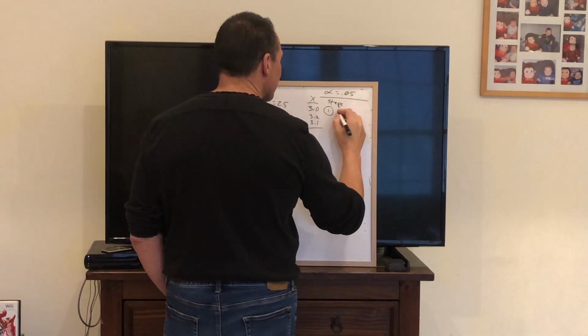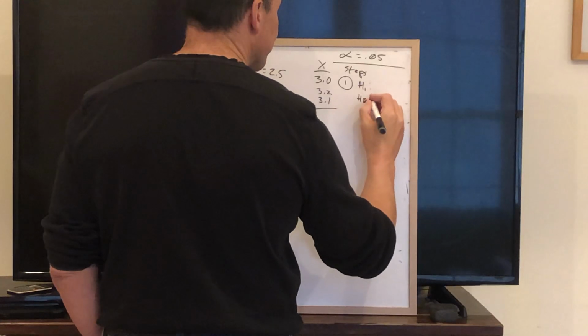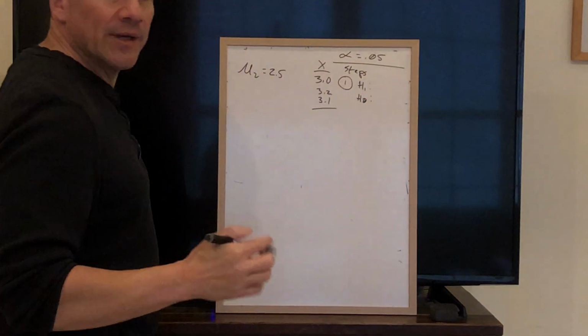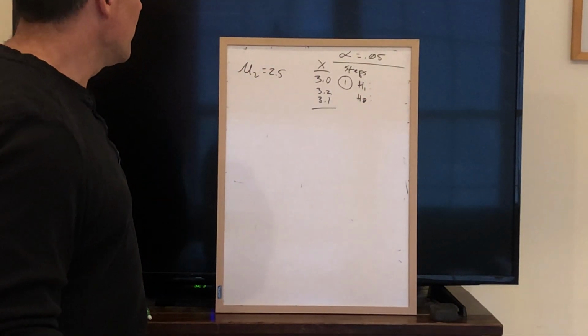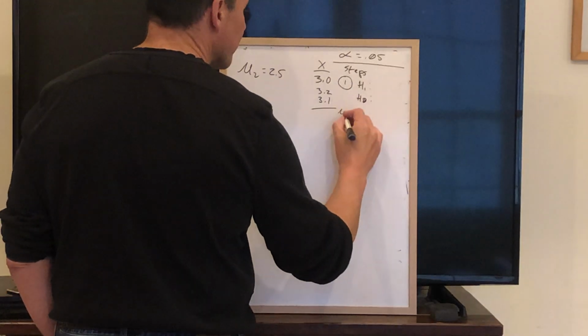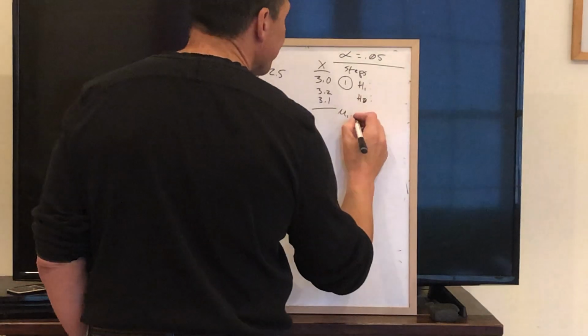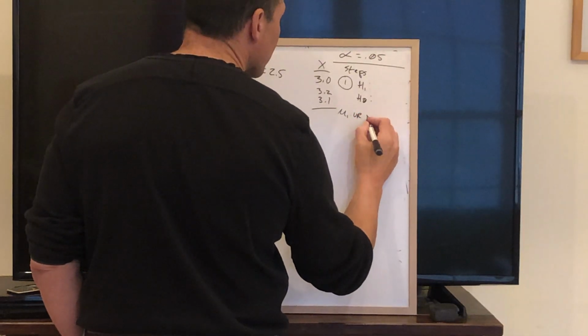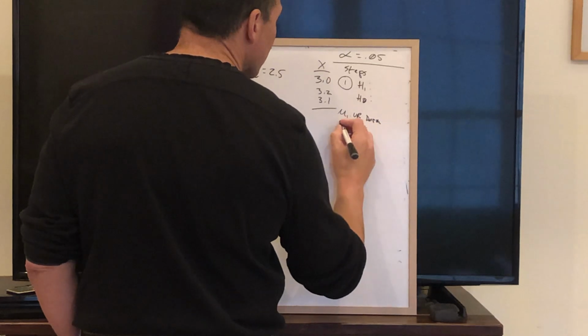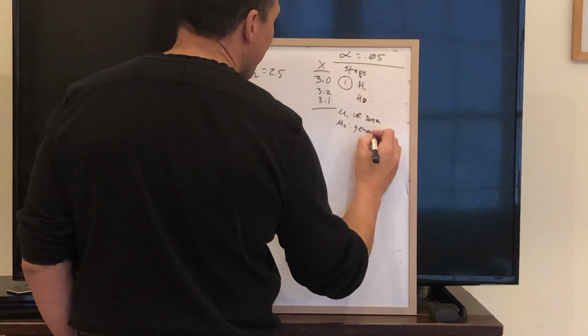Step number 1 is going to be h sub 1 and h sub 0, just like we've been doing. So here, mu sub 1 is going to correspond to students in your dorm, and mu sub 2 corresponds to the general population.